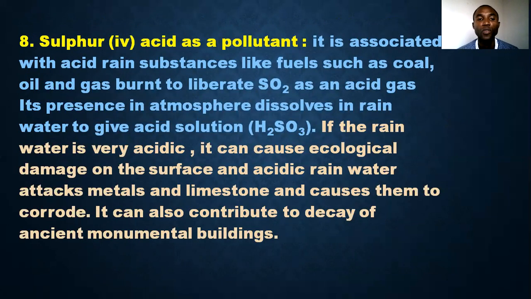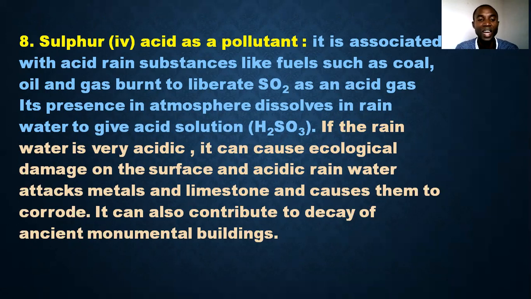Next thing is that sulfur IV oxide also acts as a pollutant. Of course, I said before that in some industries it is a major air pollutant in industrial areas. It is associated with acid rain. Fuels such as coal, oil, and gas, when burned, liberate sulfur IV oxide as an acid gas, and its presence in the atmosphere dissolves in water to give an acid solution.